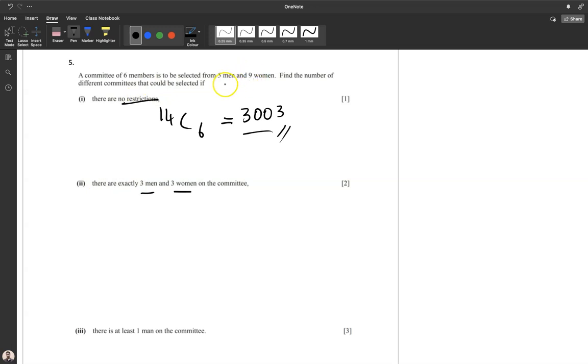We have 5. So we're going to take the 5, choose 3 of them. We have 9 women, so we take 3 out of the 9, and that's it. We're going to get 840. Notice that once you know what to do, it becomes very simple. You can do it really quickly.